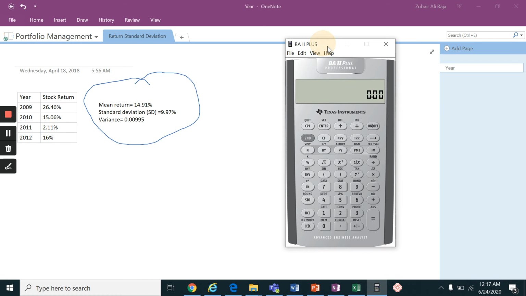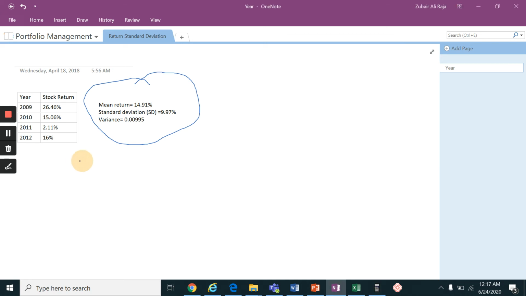I have a BA II calculator simulation with me, and I will use the second function and go into the data function. If you already have some data, you need to first clear it. So press second clear, and now you have only one variable, which is the return of this particular stock. Say this is stock X.